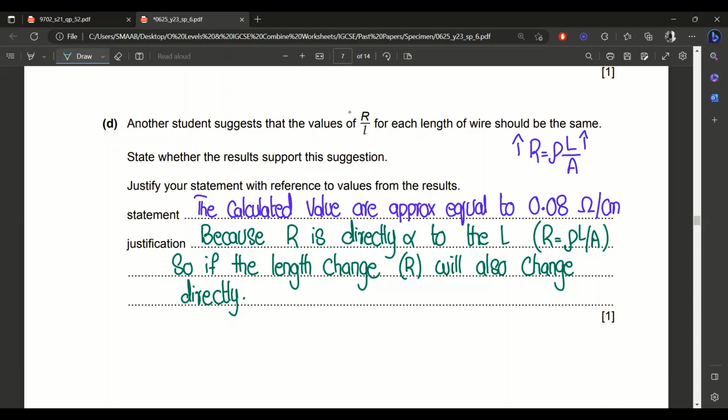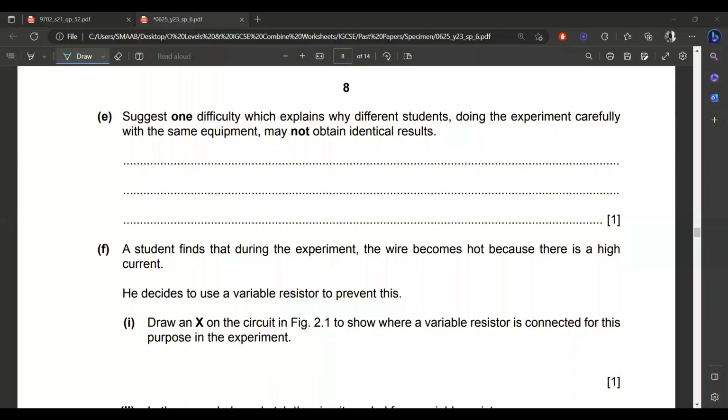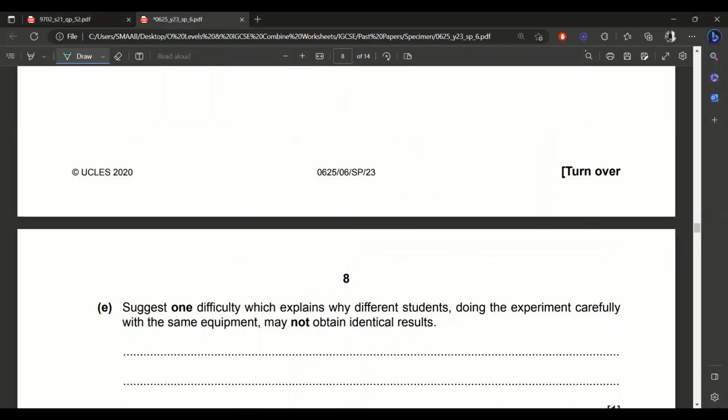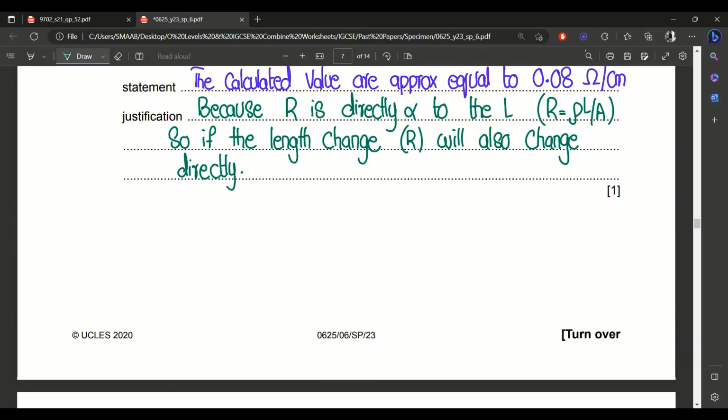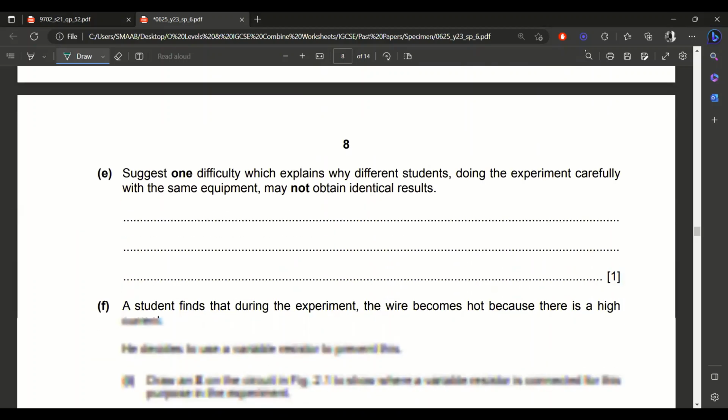Yes. So this is part D of this question. Okay, so we found the reason why the value is approximately equal to 0.08, because length is directly proportional to resistance. So if we are changing the length, resistance will also be affected by it.